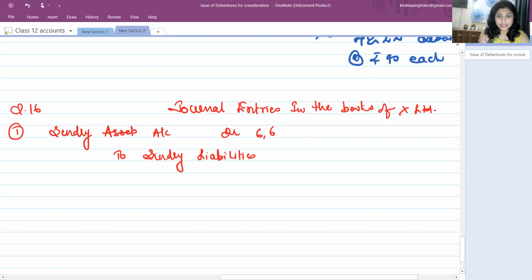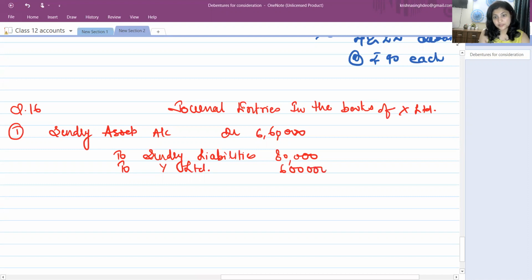Assets were 6,60,000. Let me just recheck it. Yes, 6,60,000. And liabilities were 80,000. And our purchase consideration, what business had we purchased? We had bought from Y Limited for 6 lakh rupees. So to Y Limited, this is for 6 lakh rupees.